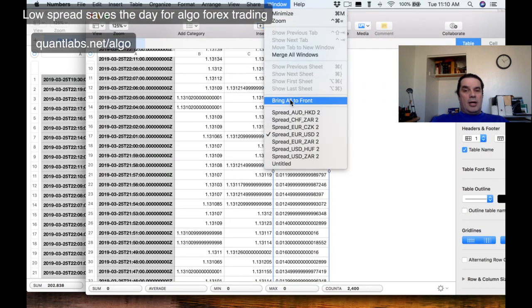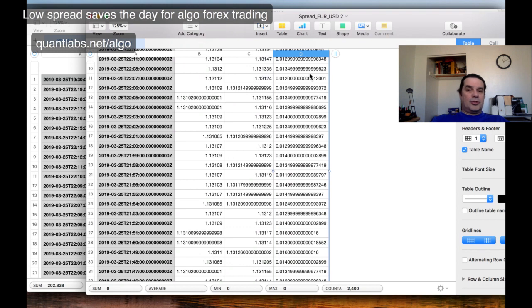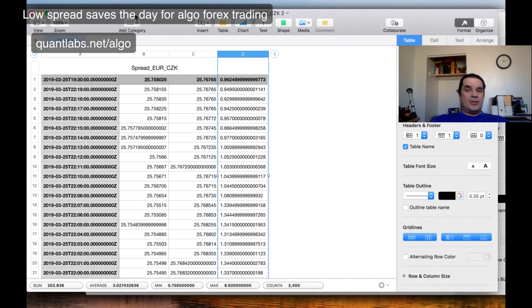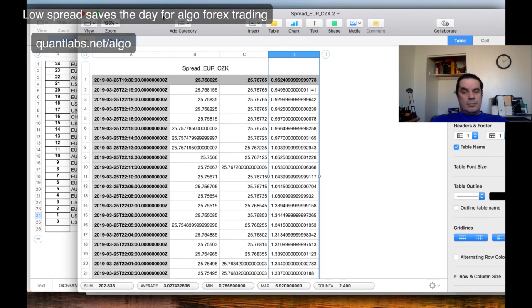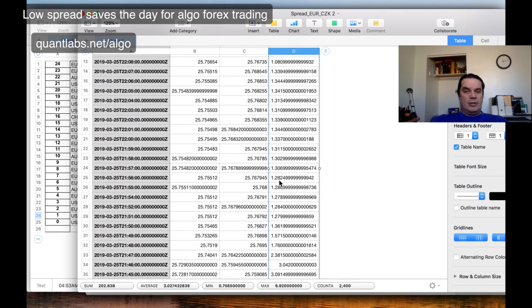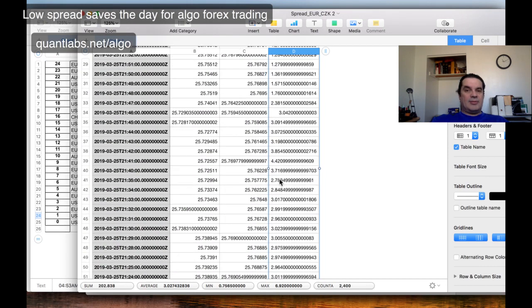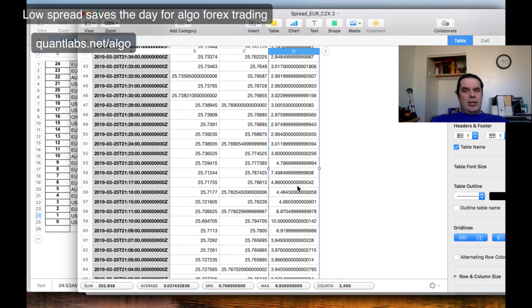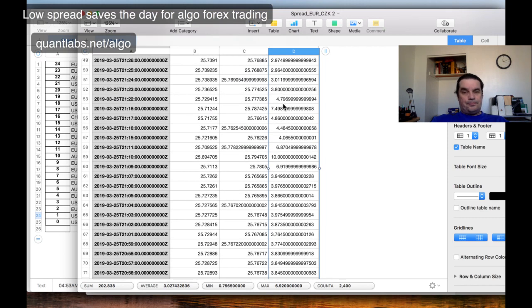Another one, let me see if I can find if the INR is in here. Let's talk this one. These are typical trades from, okay, so this is the Euro Czech. You can see here, compared to the US dollar, it's still about 100 times larger than the Euro USD.